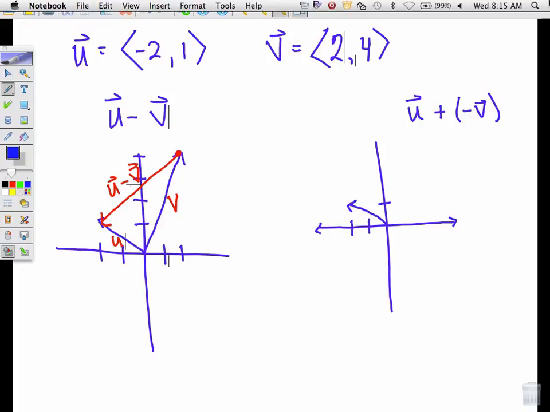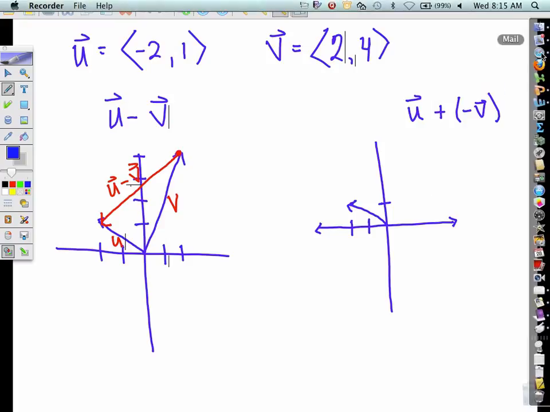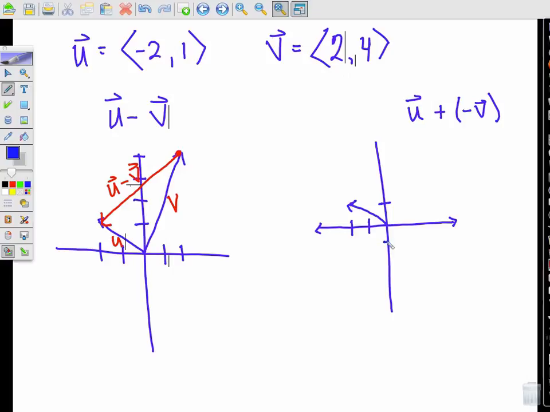So here's what negative v would look like. Negative v would be just the opposite. So it would be at -2, -4. So right here, this is negative v.